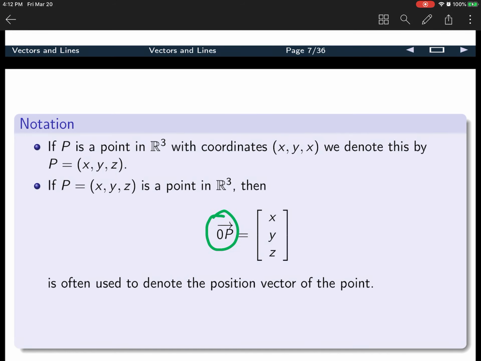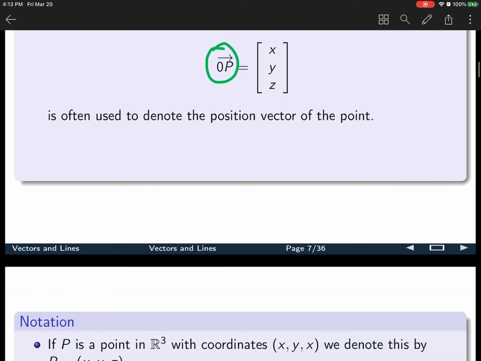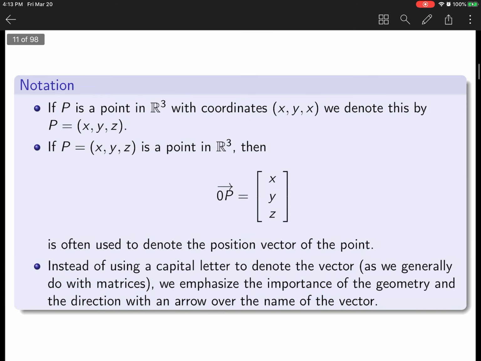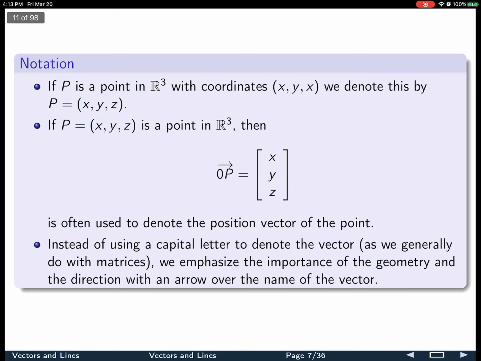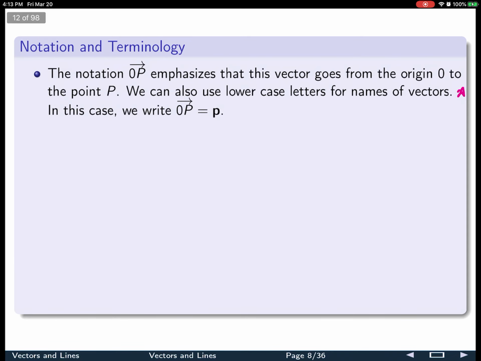As you will see, oftentimes, I've gotten used to it from using GeoGebra. I use a big letter for a point and a small letter for a vector. So we'll keep going here. Here's an instance where they're rewriting that vector from 0 to p as just a small p, like I normally would. I don't normally bother with writing the arrow over top.